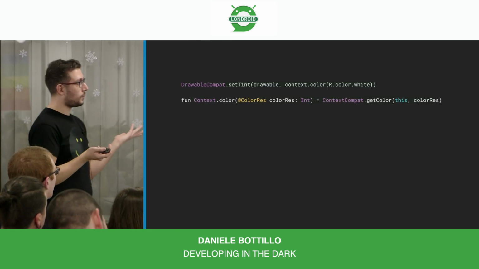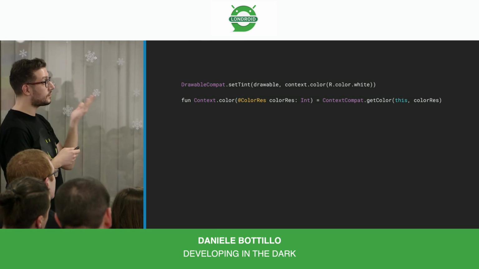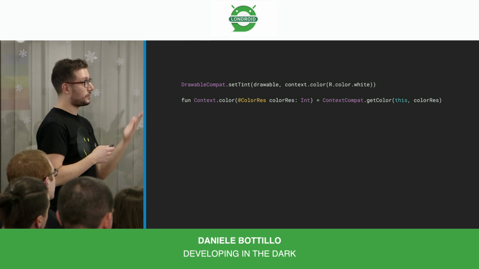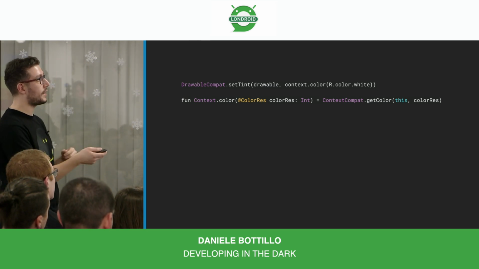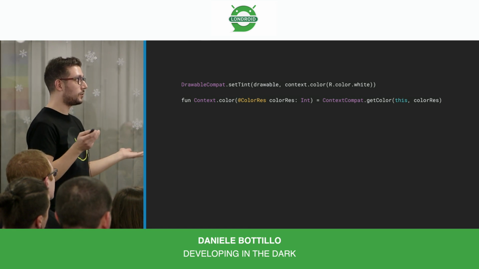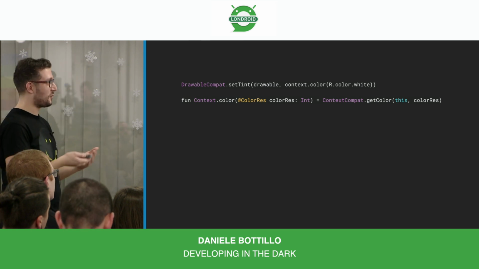And this is how we used to do this. We have an extension function on context, and then we use setTint on the drawable and get the color with the extension function. As you can see here, we are using R.color.white, and again, this is not allowed. You should not do that.